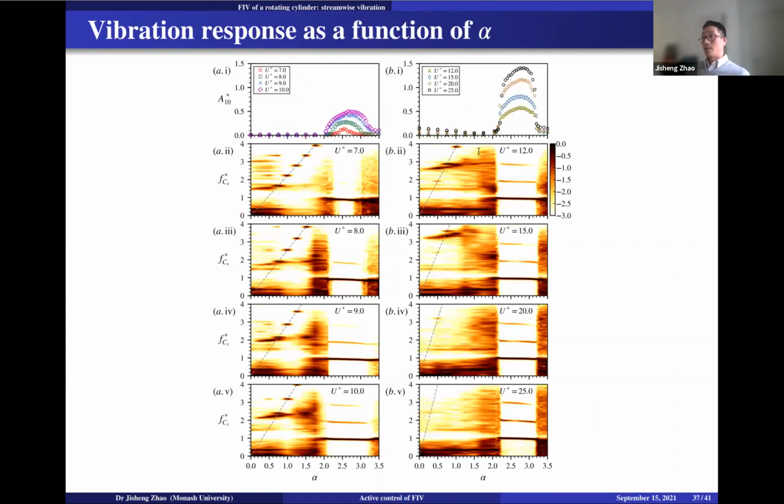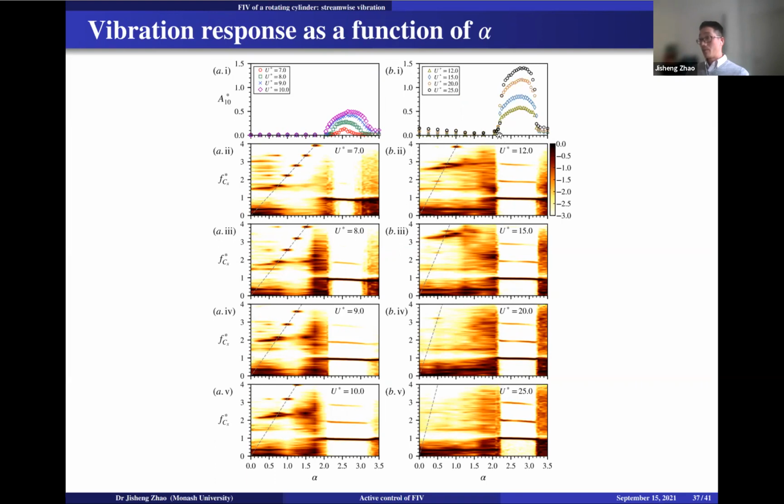Anyway, I then look more carefully at fixed U star again, but I change the alpha in a finer step. So you can see the range corresponding to large amplitudes.